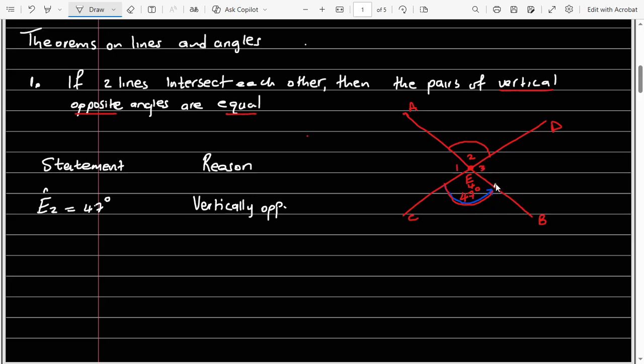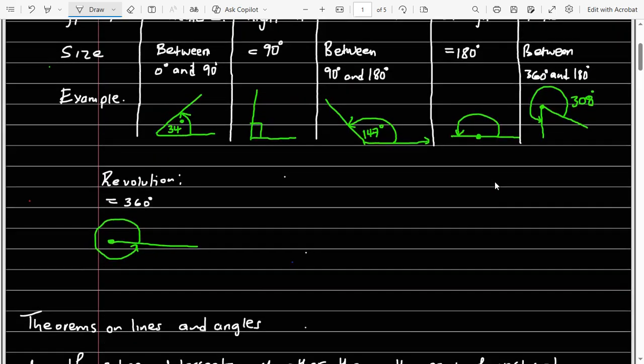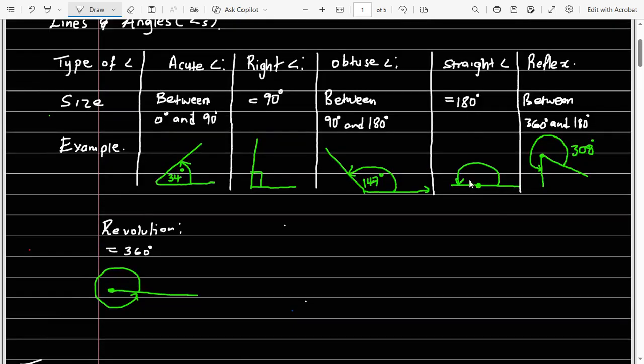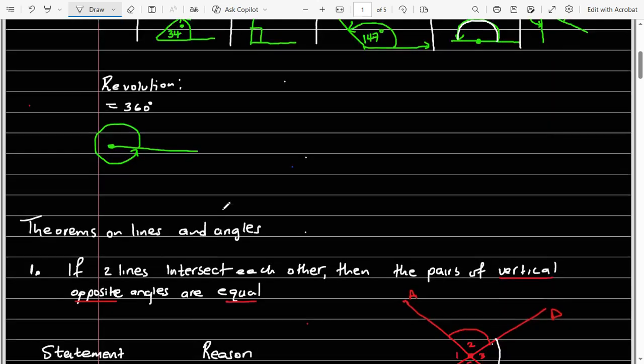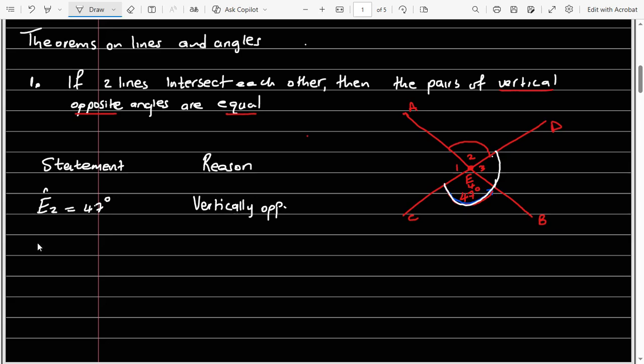Now I can find E3. If I draw an angle like this, you can see that's an angle on a straight line. Remember, we talked about angles on a straight line. We said that angles on a straight line are equal to 180. So I can use that to find angle E3.